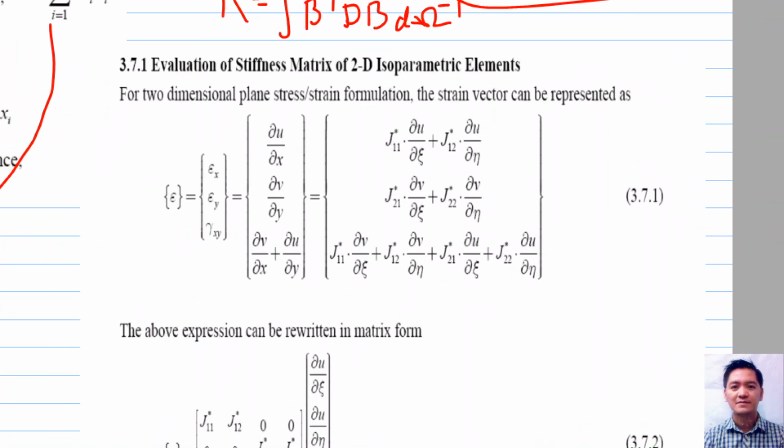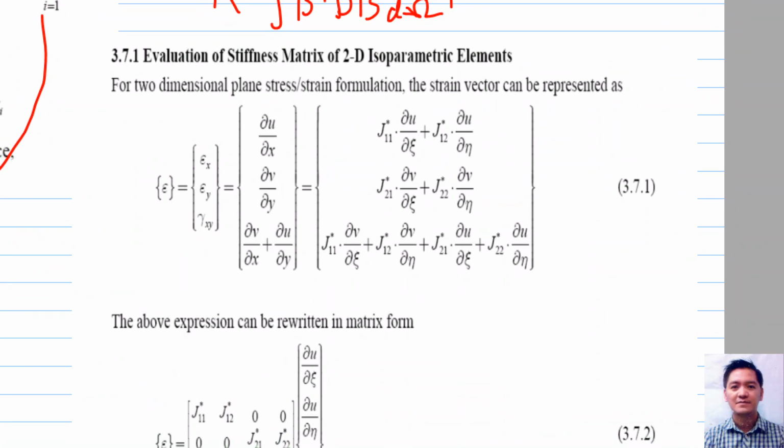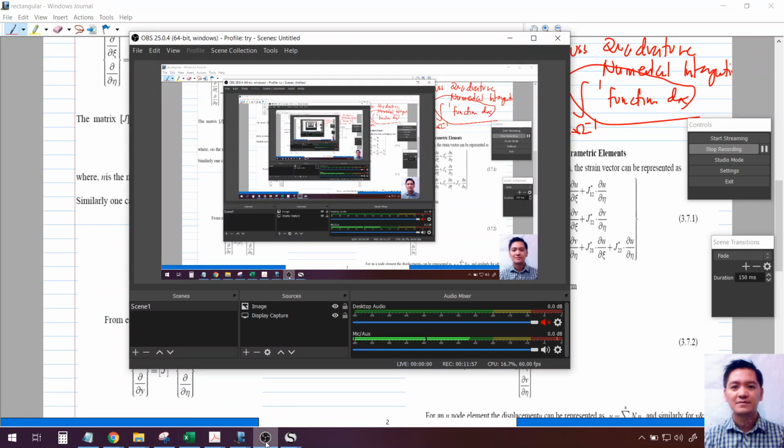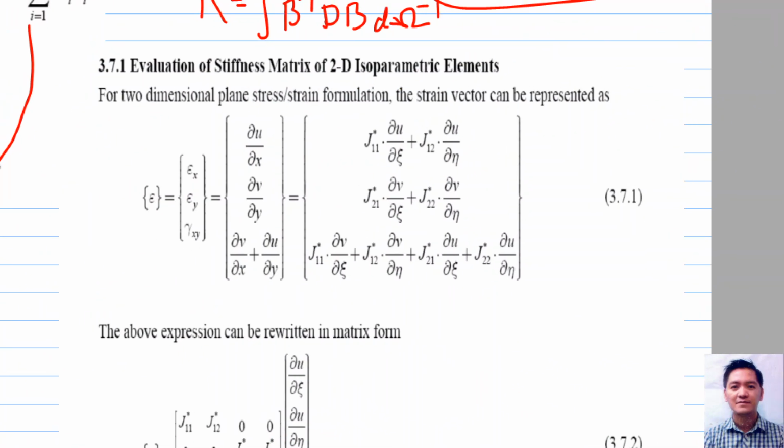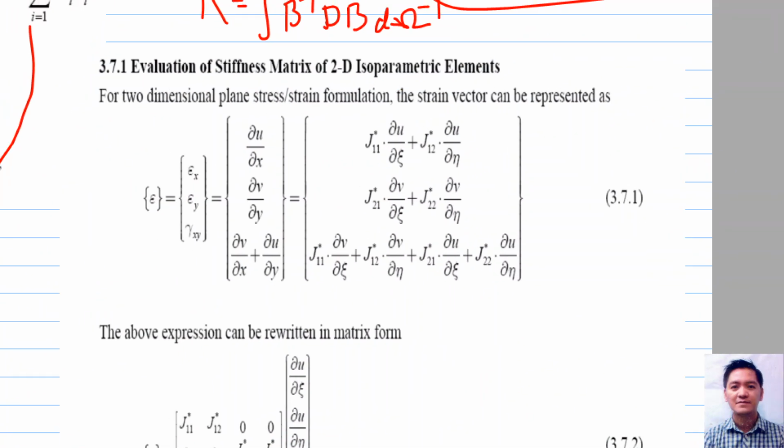Okay. Again, if you recall sa ating triangular element, we also, well, to be consistent with elasticity, we need strain, no?